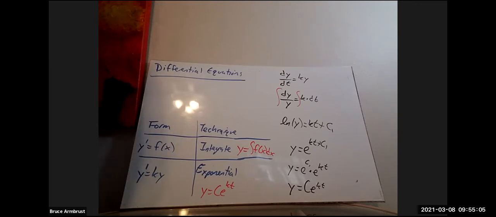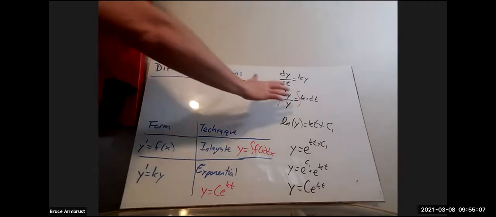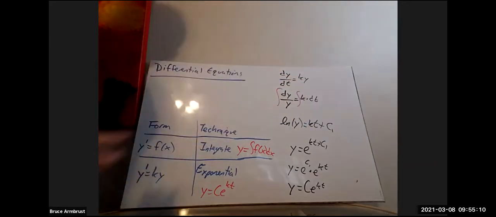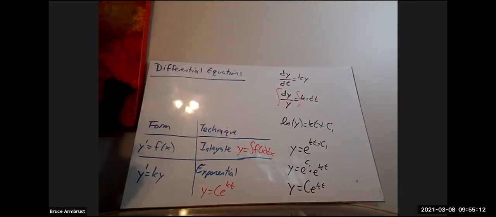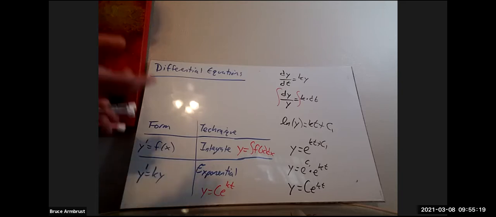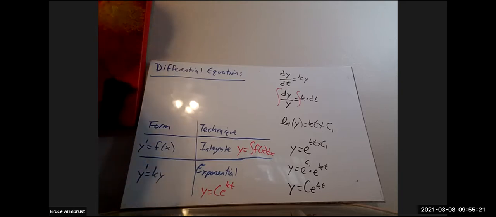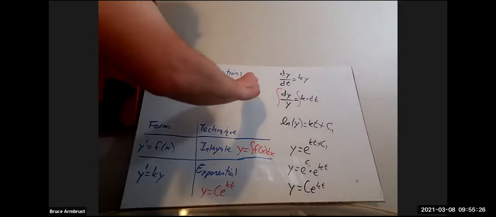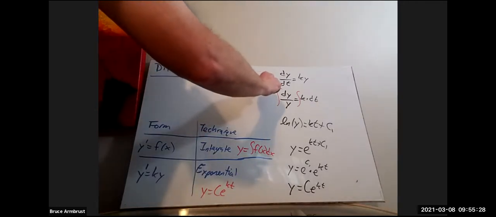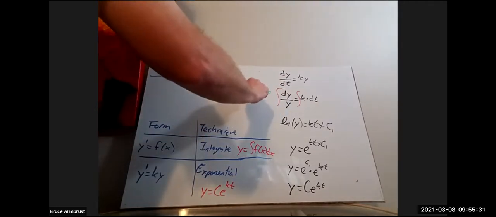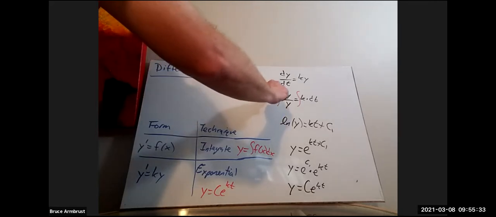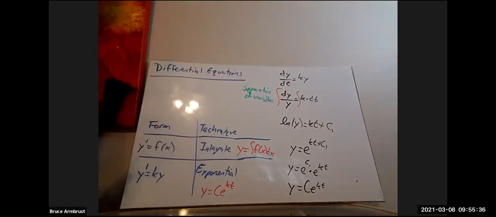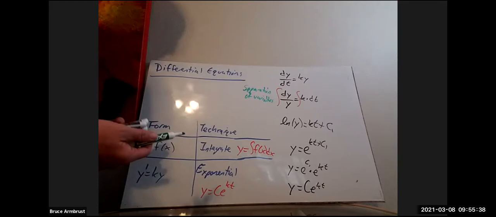All right, well, this technique with the whole integrate both sides is actually a big one that we use all the time. And we call this separation of variables. So this technique right here. Separation of variables, because if you look at it, there are two variables here, right?